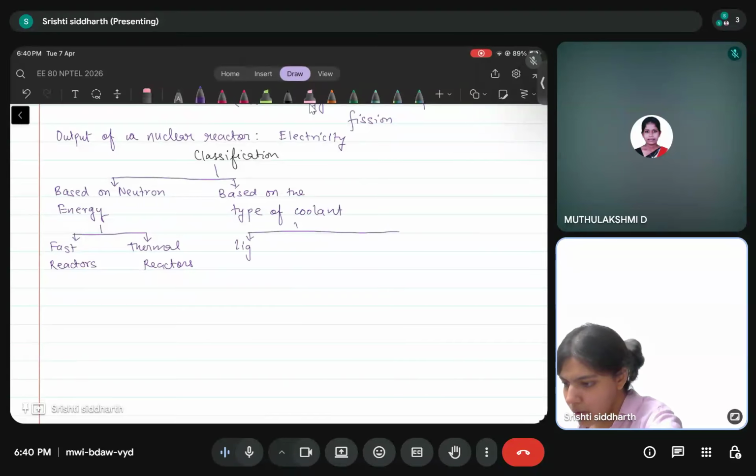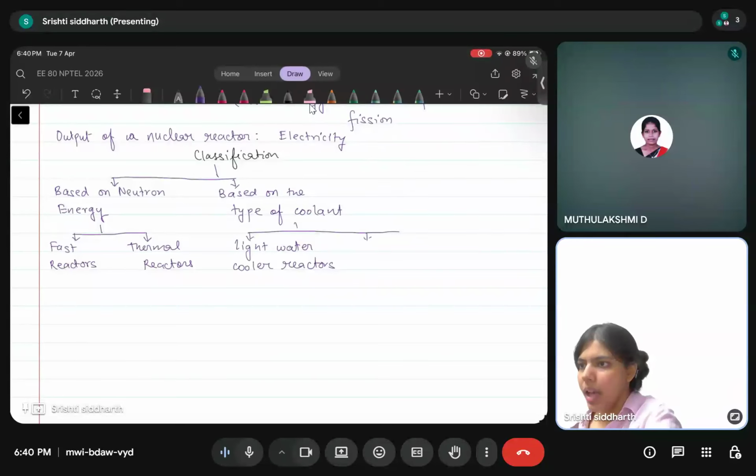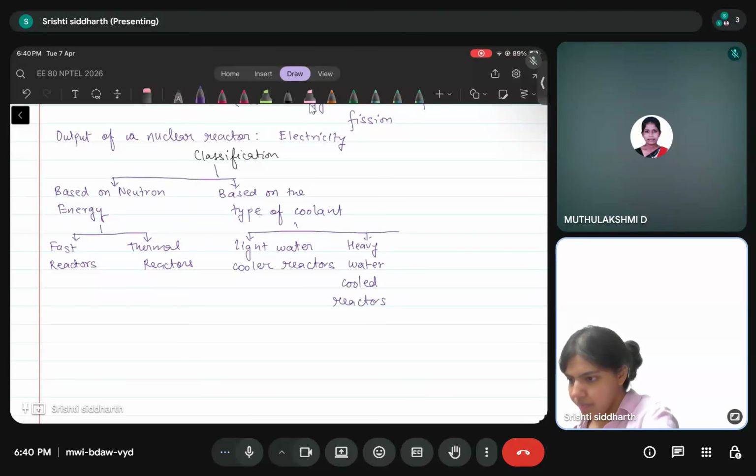We have light water cooled reactors, then heavy water cooled reactors, gas cooled reactors, finally, liquid metal cooled reactors.